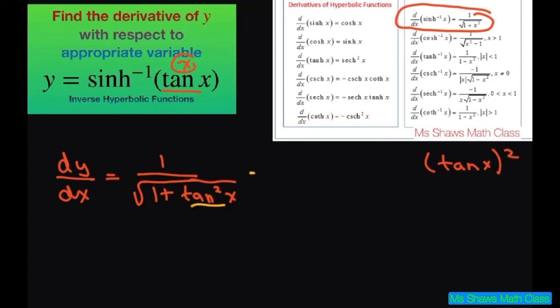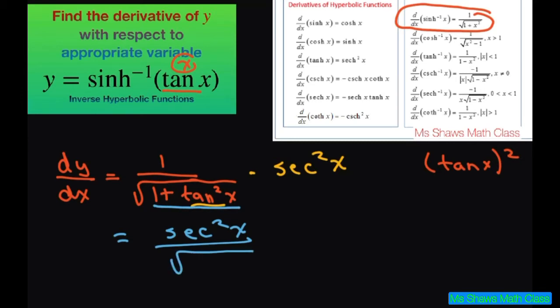Now we have to differentiate our tan of x, and the derivative of tan of x is just secant squared of x. Now, let's simplify this. We get secant squared of x divided by, now 1 plus tan squared of x is just going to be the square root of secant squared of x.